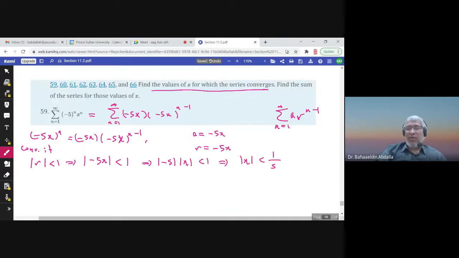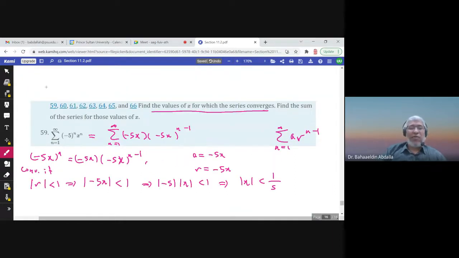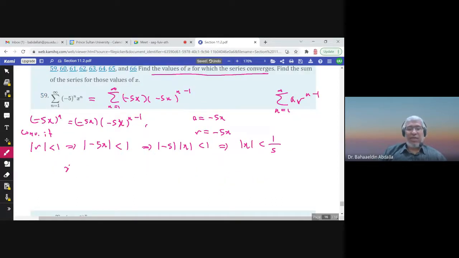And I have a formula that says if you have the absolute value of x less than d, this means that x is between negative d and d. So x here is between negative 1 over 5 and 1 over 5. And these are the values of x that make this series convergent. So this is the answer of this part.